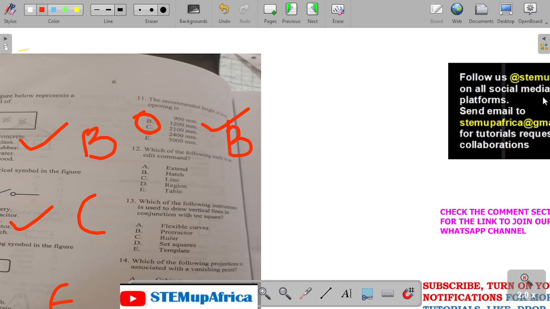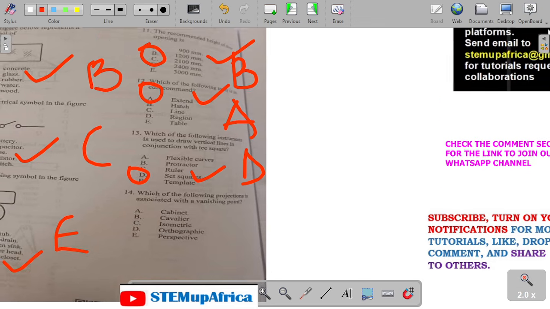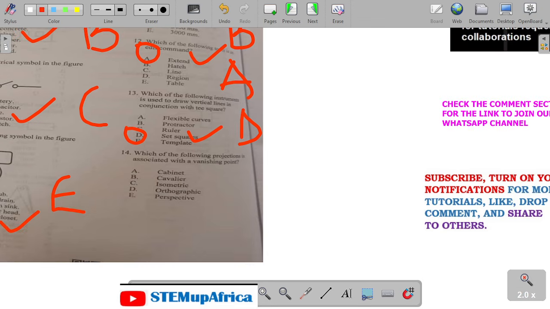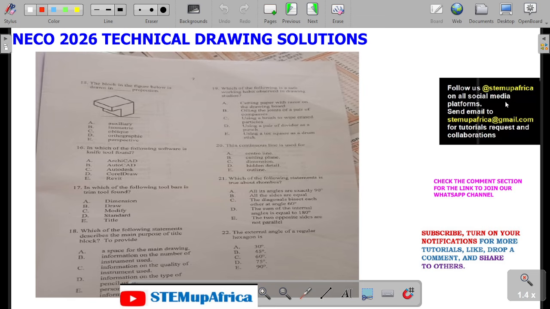Region, no. Line, no. It is the hatch, A. Then which of the following instruments used to draw vertical lines in conjunction with the T square is the set square, 13D. Which of the following projections is associated with vanishing points? That is perspective drawing. We have single and double vanishing points. That is E.